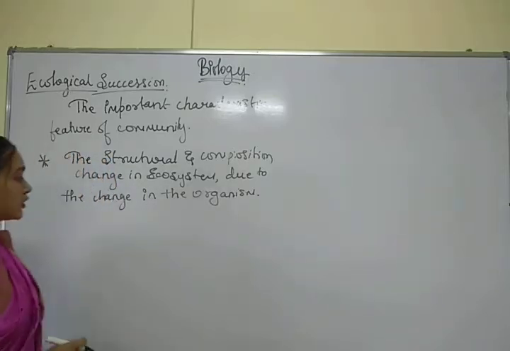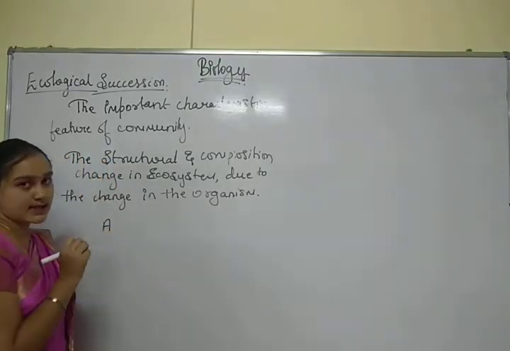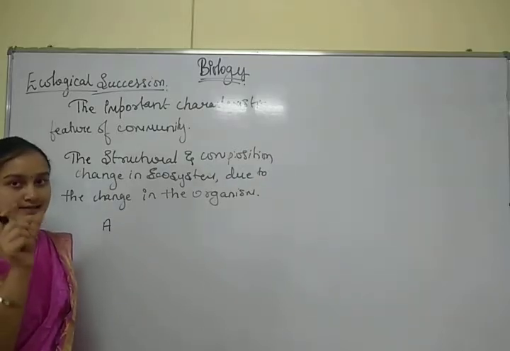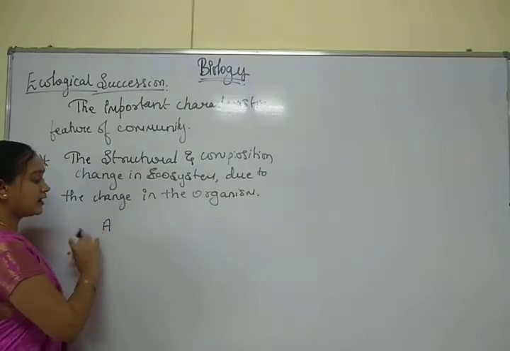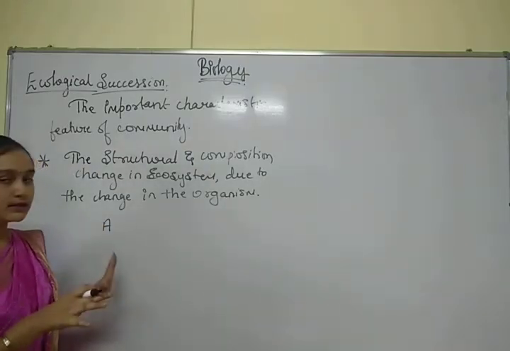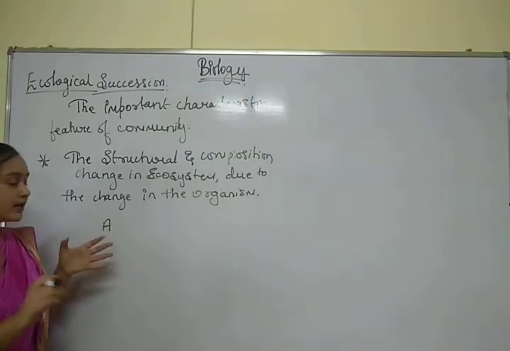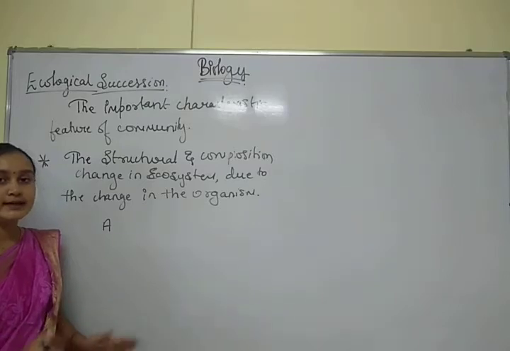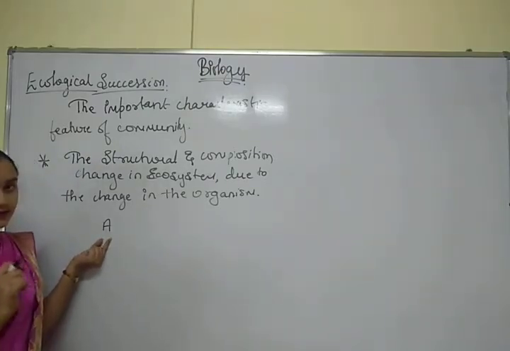So let's see, there will be species A. Now let's consider a species as A. This species A will develop in a new area. So in the ecosystem, first it was totally empty. Next, species A will develop there.